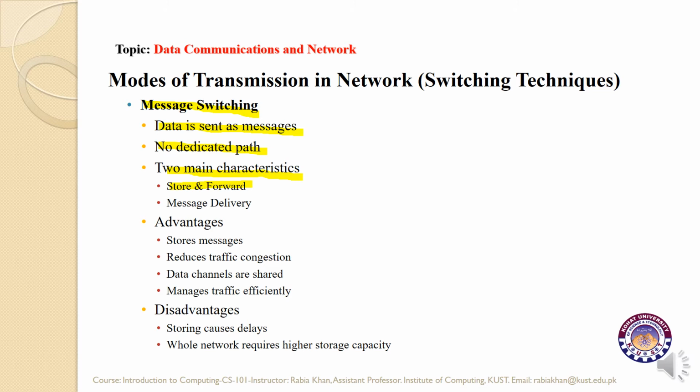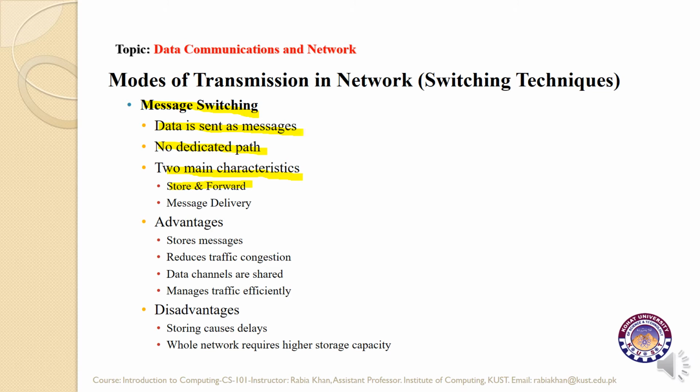In order to do so, every node must have some storage capacity, because a message will only be delivered if the next node and the link between them are available to connect. Otherwise, the data or the message will be stored indefinitely.